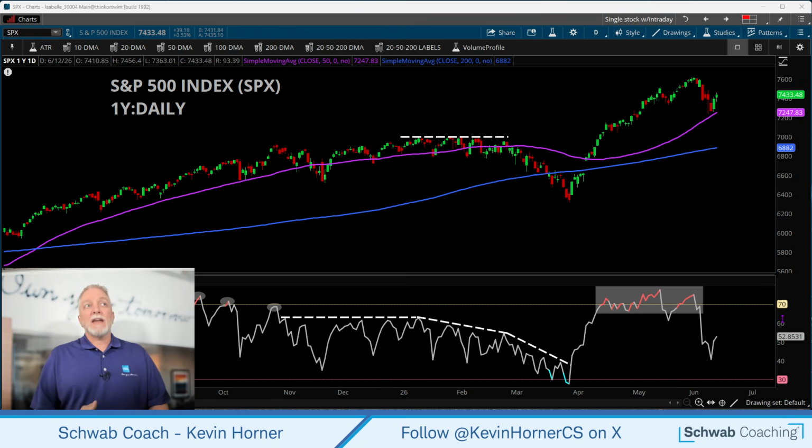Now, yes, it led to a pullback to the 50-day moving average in purple on this chart, but what it did not, to this point, do was lead to a new short-term downtrend per se. So overbought conditions can persist longer than we would expect, and oversold conditions can persist longer than we would expect.